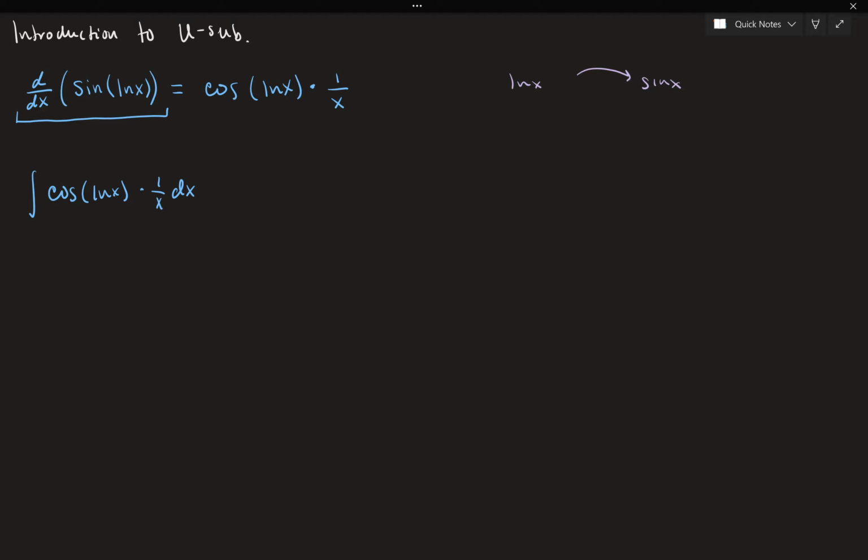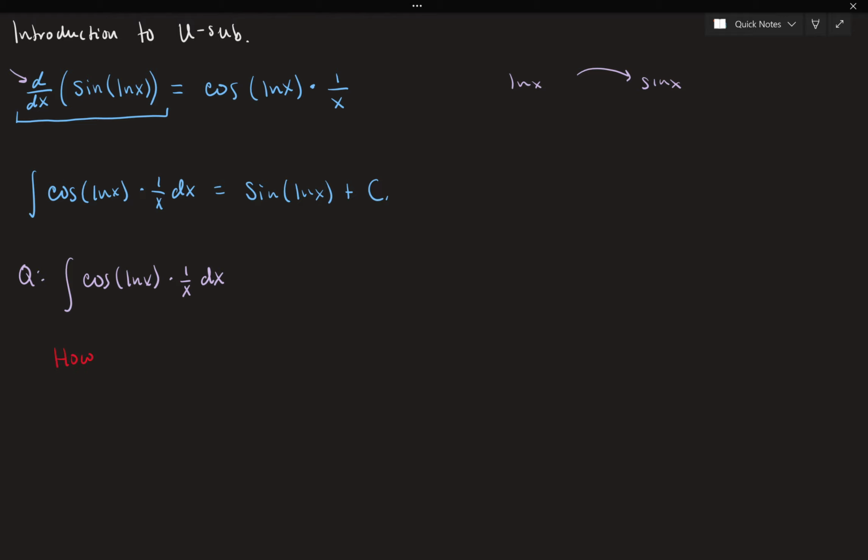This integral, I just know right off the bat from what I just did, that this antiderivative is sine of ln x. So now the question is, how would I do this integral if this derivative problem weren't just given to me first? And the answer is U-sub. So, a U-sub undoes an antiderivative which you got from the chain rule.